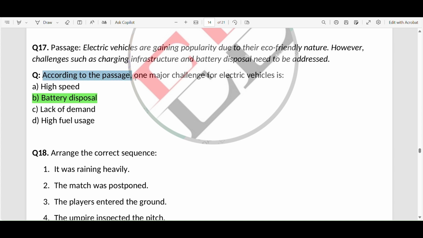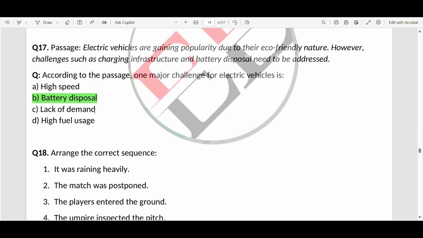According to the passage, one major challenge for electric vehicles is, what is a major challenge of electric vehicles? High speed? No, it is not a challenge. And battery disposal? Yes. Just now we discussed battery disposal, so this would be the major challenge. Lack of demand?